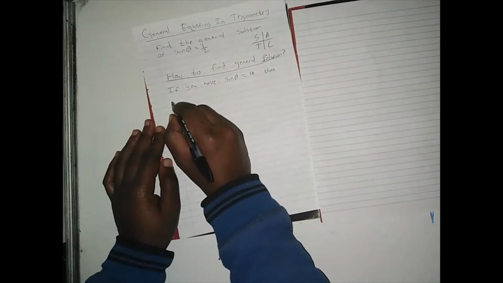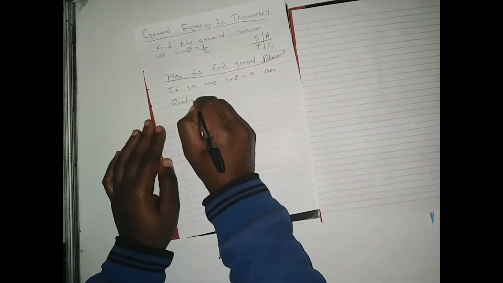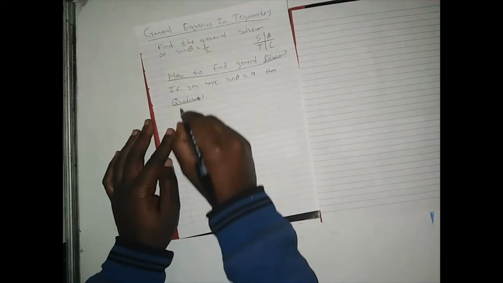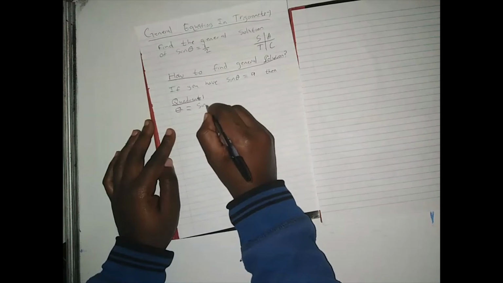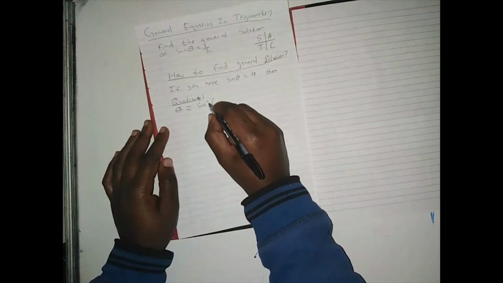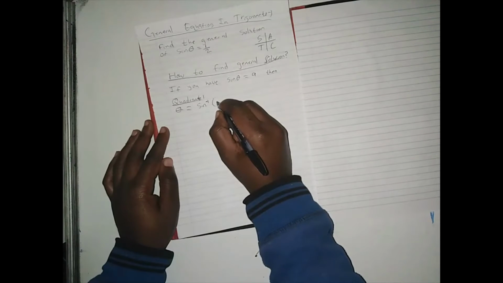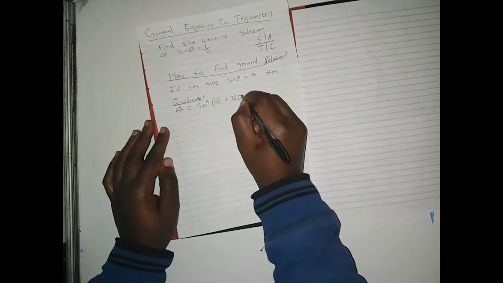The first generator is that, so in quadrant 1, what will happen is that theta will be nothing other than the reciprocal of a function of sine, which is evaluated at a, and then plus 360 degrees n.